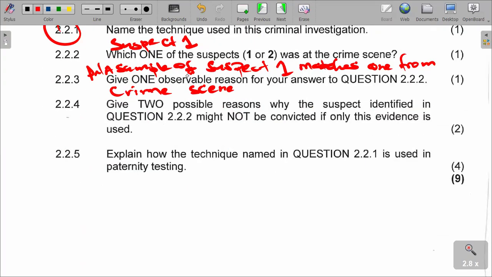And then give two possible reasons for why the suspect identified in question might not be convicted if only the evidence is used.